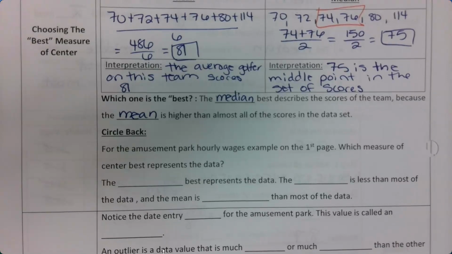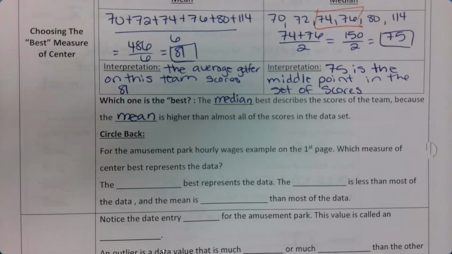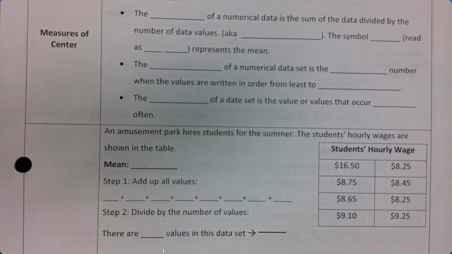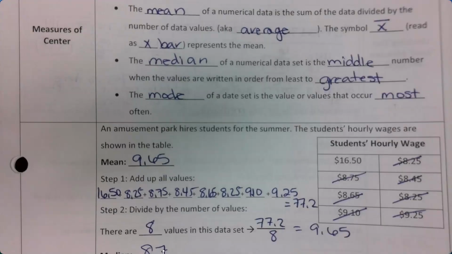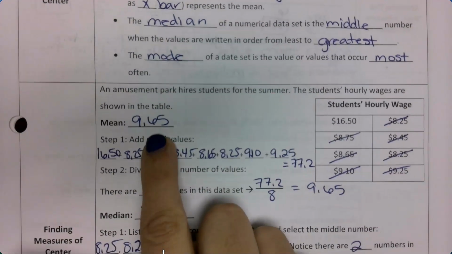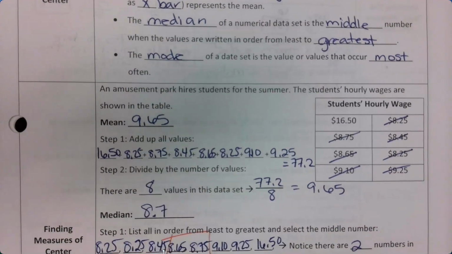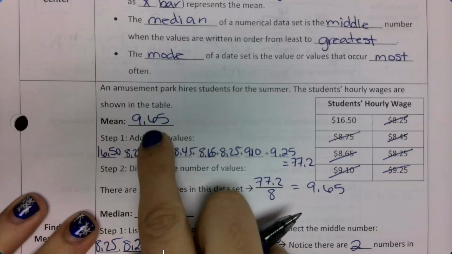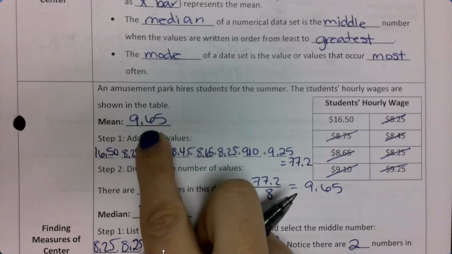So I want to take a look back at my front. On the amusement park hourly wages, which measure of center best represents the data? So if I take a look, which one feels like it's a better fit for the data? The 9.65 or the 8.7? The 8.7, because this 9.65 is, again, more than most people were making at the amusement park.